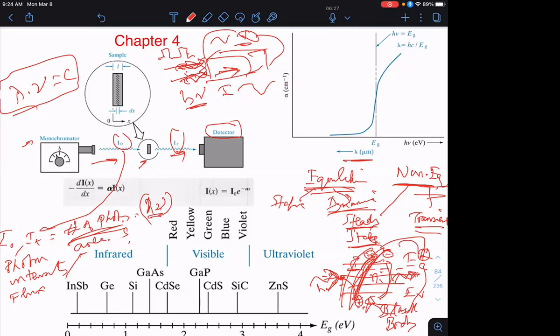Then you can take the ratio of the transmitted flux divided by the incident flux. And from that, you can extract this quantity alpha, which is known as the absorption coefficient, which I can then measure as a function of the wavelength decreasing to the left, or conversely, you can write that in terms of frequency.